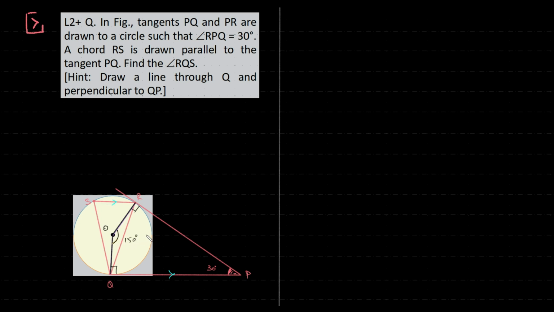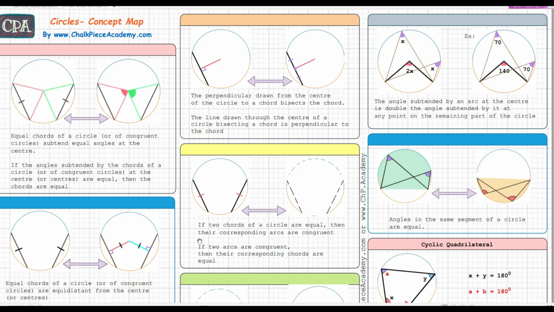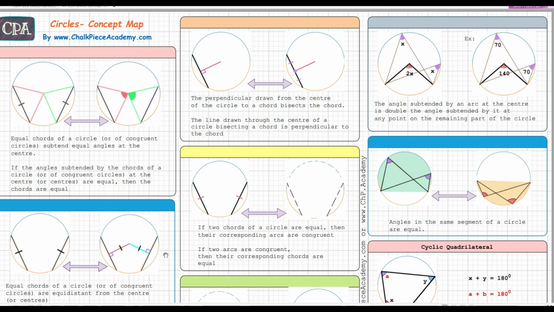So in the end, the math will tell that this is 150 degrees. Okay. So next we have RQ to be a chord. So we have a chord property which is on the screen. Please read through this. So what do we have? We have an angle subtended by the arc, if not the chord, at the center to be double that at the circumference.